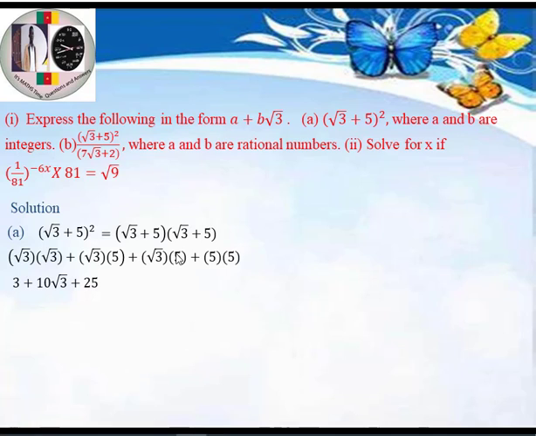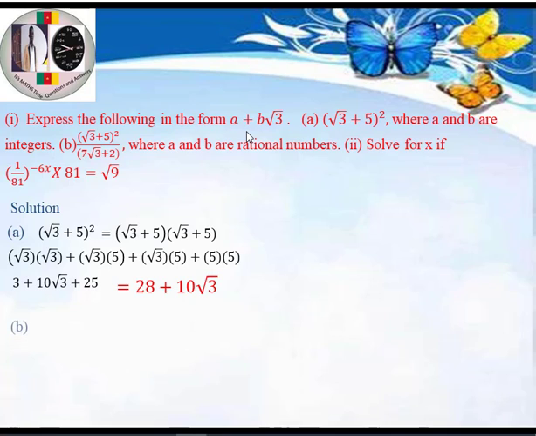If we bring like terms together, we add 3 plus 25, which gives us 28. So we have 28 plus 10 root 3. We can say 28 is a, 10 is b, and root 3 is what we have as root 3. So that's how we evaluate the first scenario.